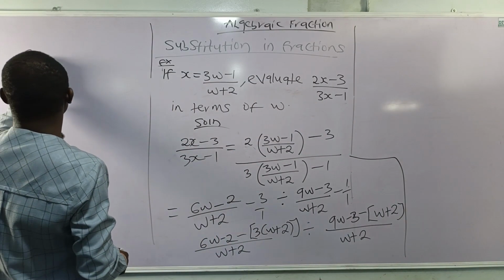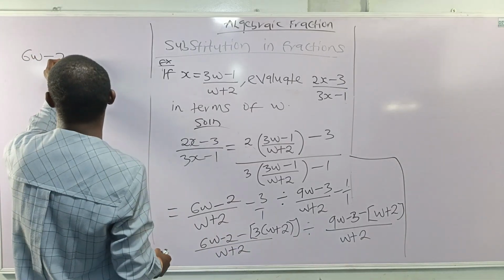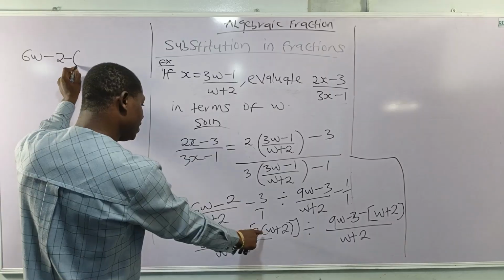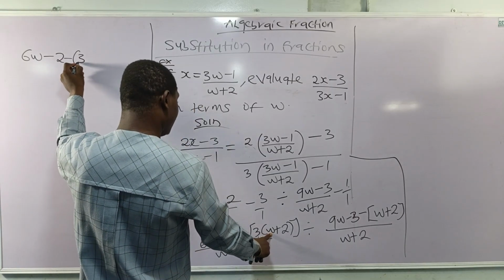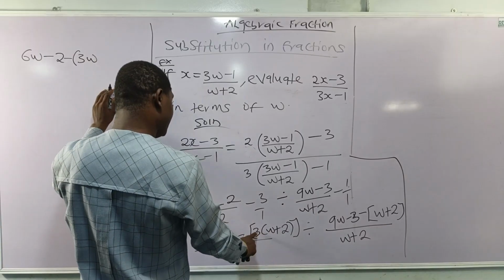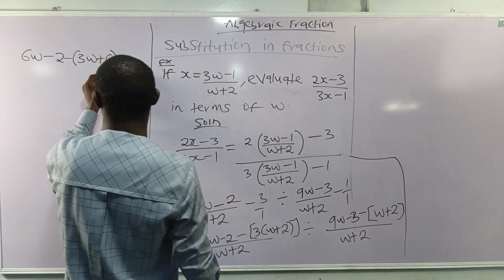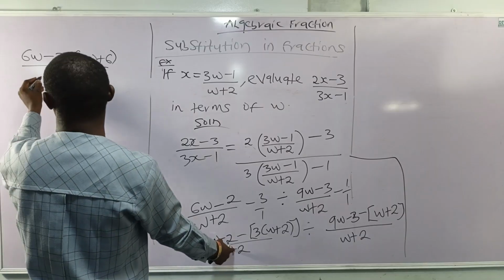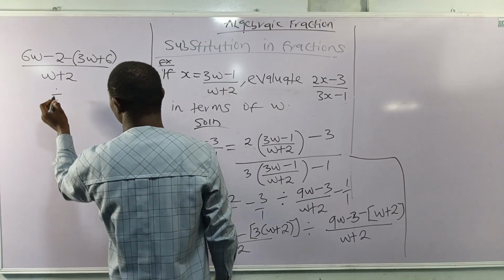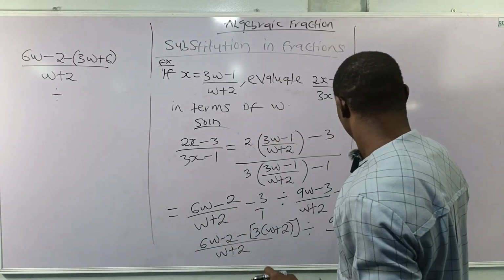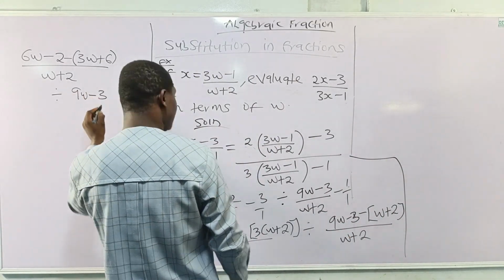That will give me 6w minus 2 minus, I'll leave the minus sign first, in brackets, 3 times w will give me 3w. And 3 times 2 will give me 6. Brackets all over w plus 2. Let me put my division sign here. So I'll have my 9w here, minus 3.